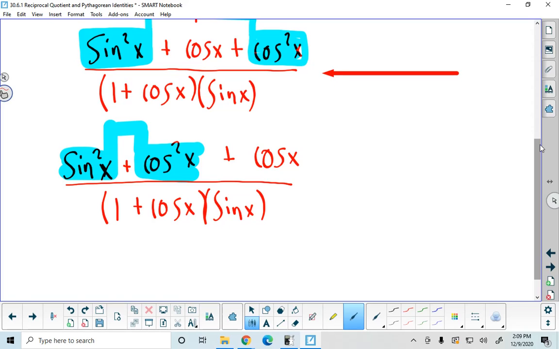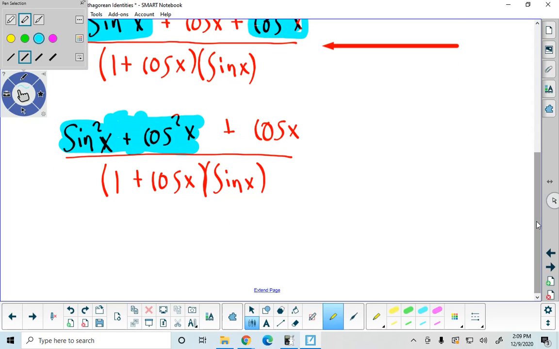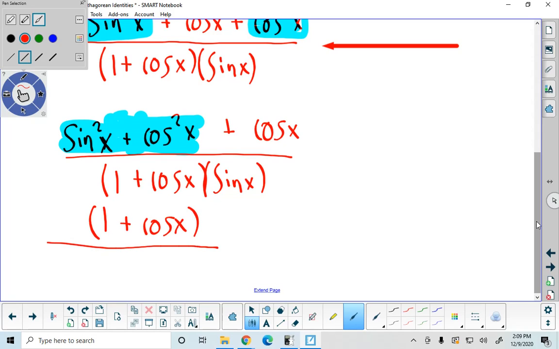I don't think this little bridge is doing anything for us. You should recognize sine squared plus cos squared is 1. So we get 1 plus cos x on the top. That's the only factor of the top. On the bottom, we have 1 plus cos x, and we have sine of x.